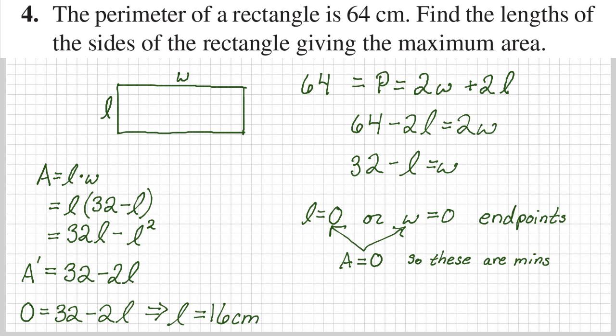So when L equals 16 centimeters, that must be the max. And in that case, what is the area? Because we need to find the lengths of the sides of the rectangle giving the maximum area. So we have L equals 16 centimeters, and we'll just plug that back in here to get what W equals.